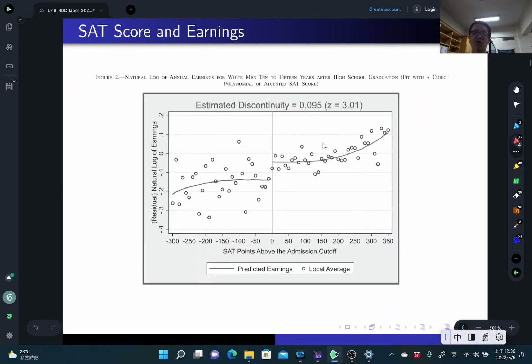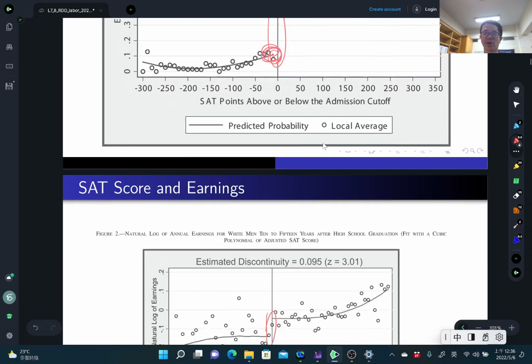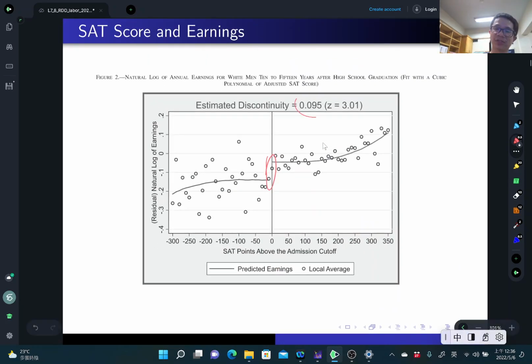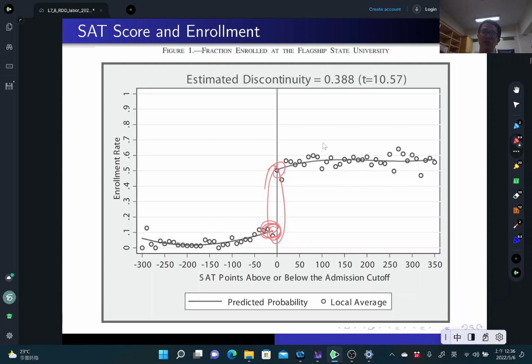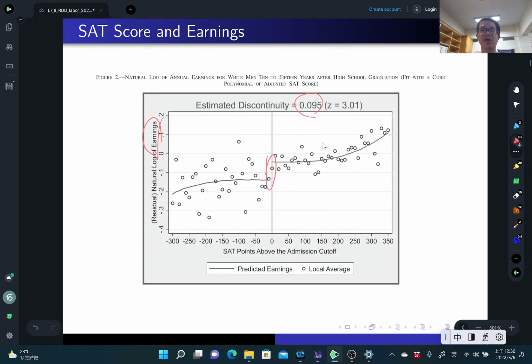And then you can show the outcomes, comparing the outcome just above and just below the cutoff. You can see there's a discontinuity here. It is noisier, because this is the outcome variable, not the treatment variable. But the estimate is around a 10% increase in earnings. This gives you very clear evidence that if you enter a good school, you might earn more.